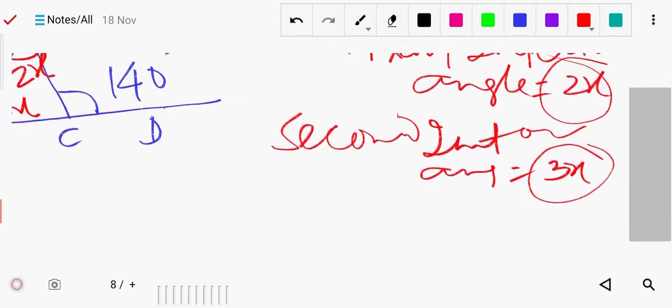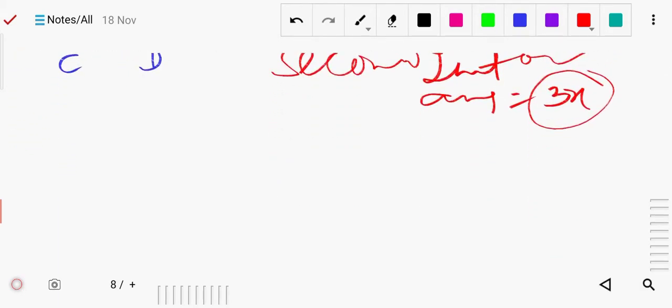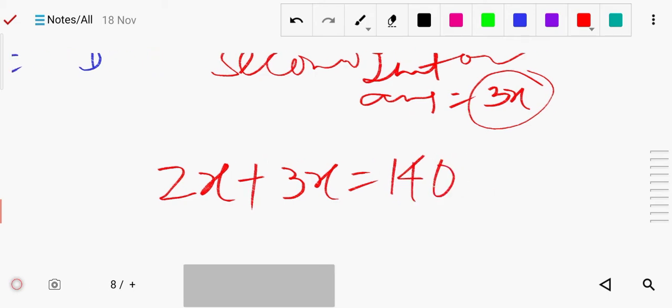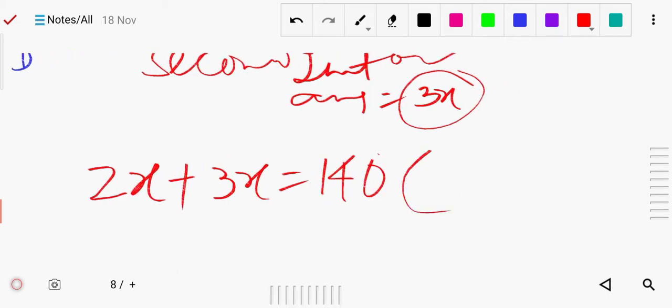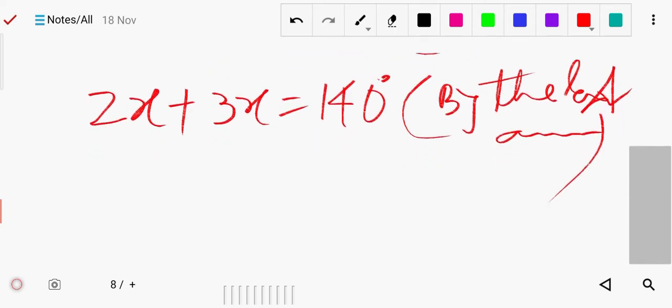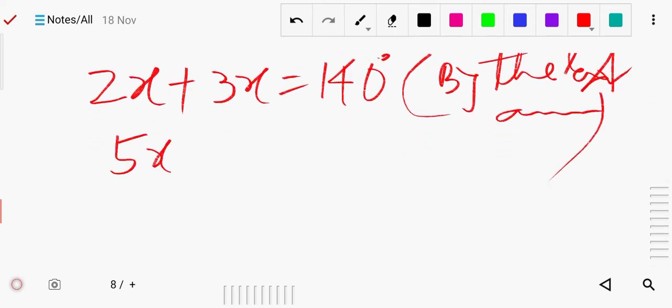Now we know the exterior angle property. So it means 2x plus 3x equals 140 degree. You can also write here in the bracket: by the exterior angle property. Okay, so 3x plus 2x, it is 5x equals 140 degree.